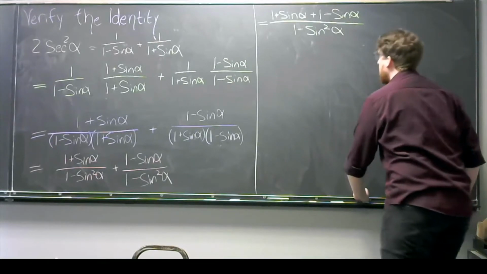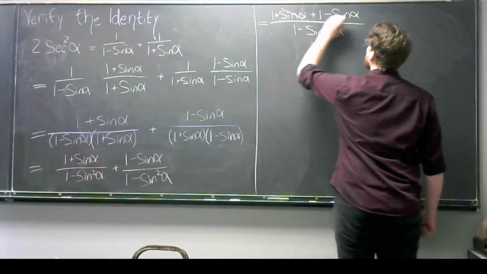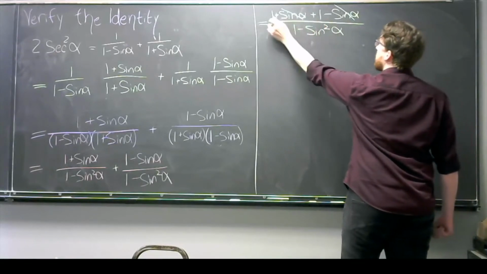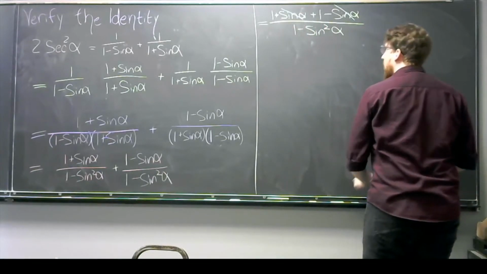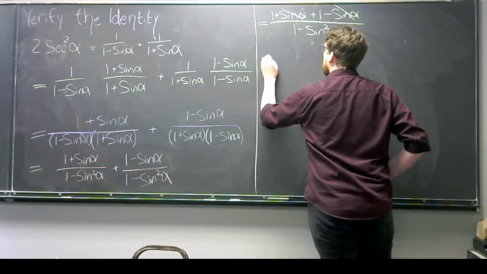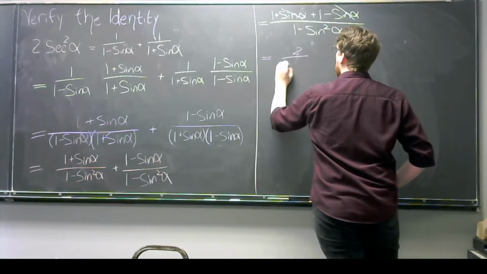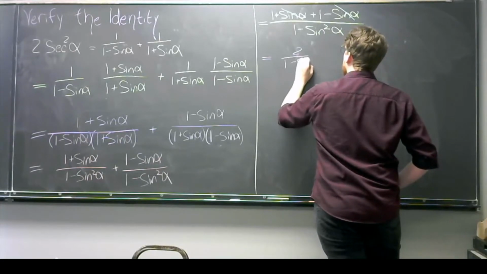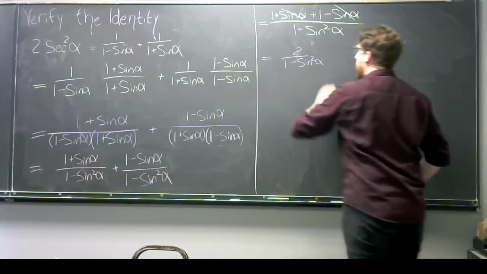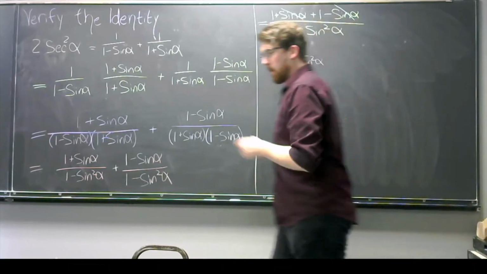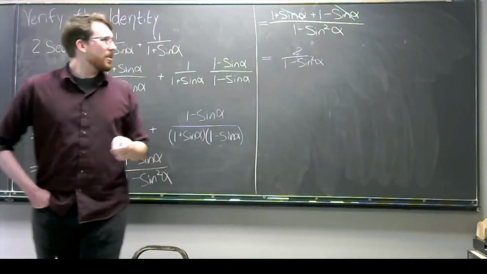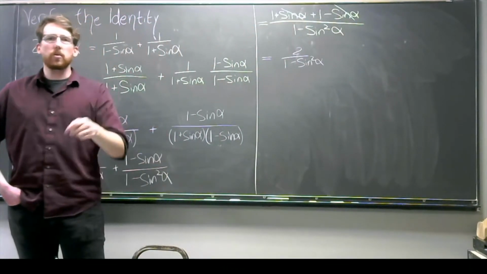So what we're going to find is that these two sines cancel and these two ones add together. So we're going to be left with 2 over 1 minus sine squared of alpha. But 1 minus sine squared of alpha, that's cosine squared.